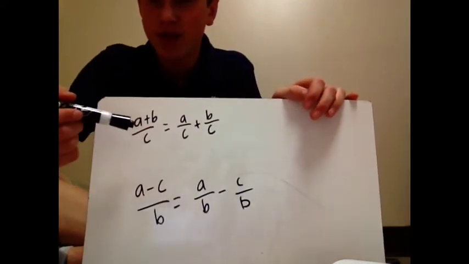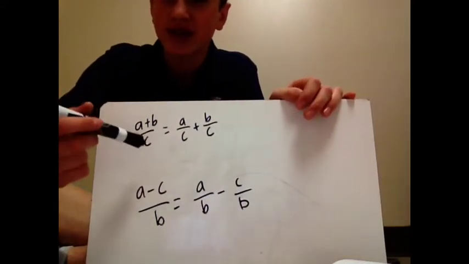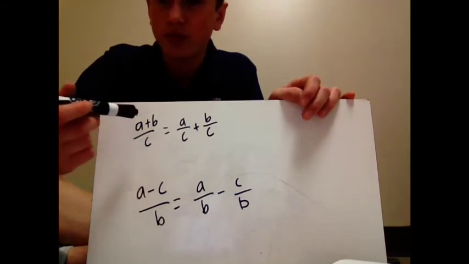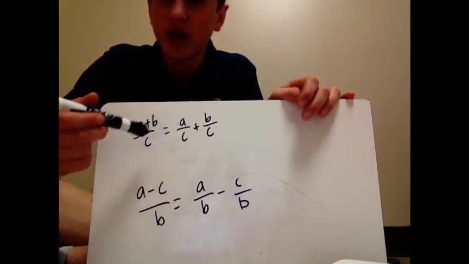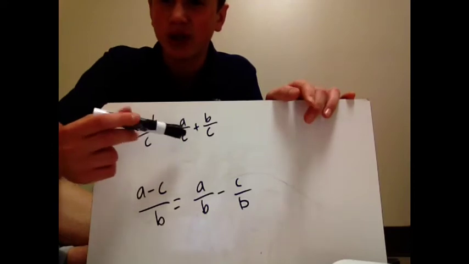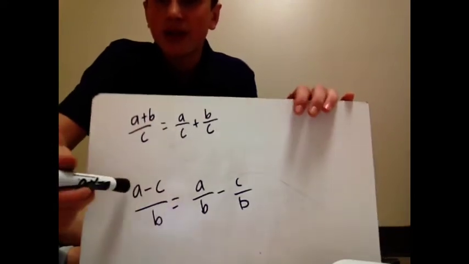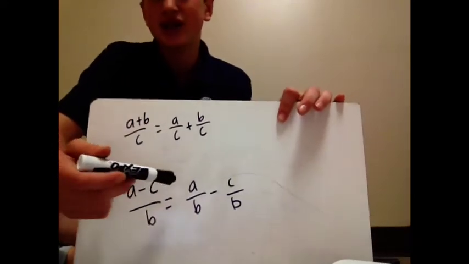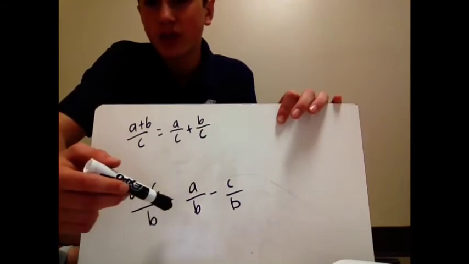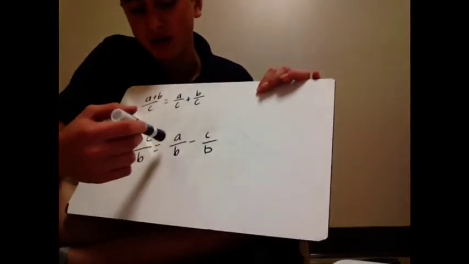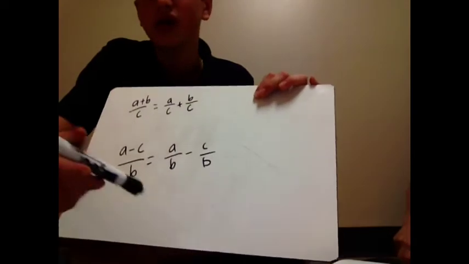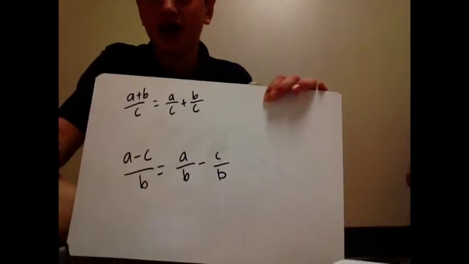Let's say you have a plus b over c. Since it has a common denominator, you're able to separate that into a over c plus b over c. The next example is a minus c over b. You're able to separate it, since b is the common denominator, into a over b minus c over b. So that's basically a little introduction to adding and subtracting.